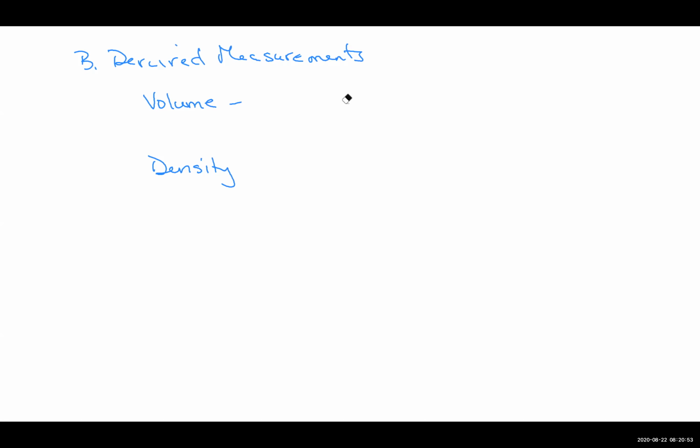If you had a box that looked like this, and I asked you to find the volume of that box, what would you do? Well, you would take the volume to be the length times the width times the height. That's pretty standard.